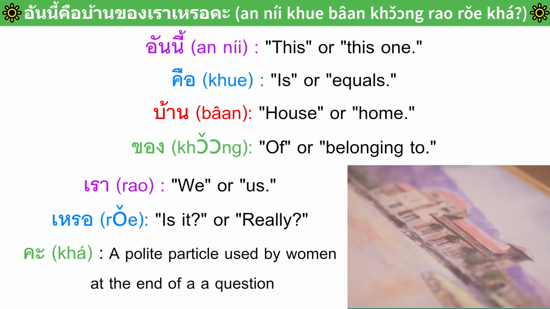บ้าน House or home. ของ Of or belonging to indicates possession, showing that the house belongs to us. เรา We or us. หรอ Is it or really?